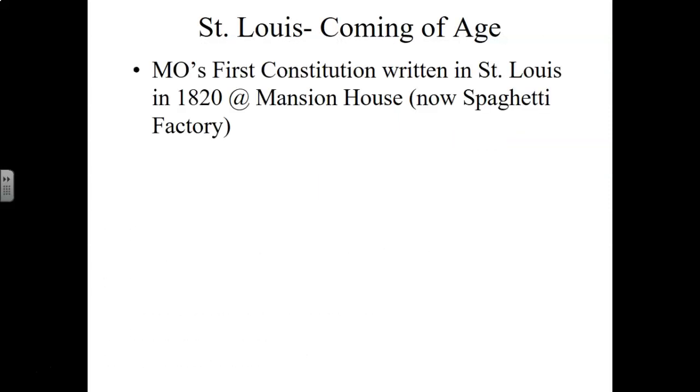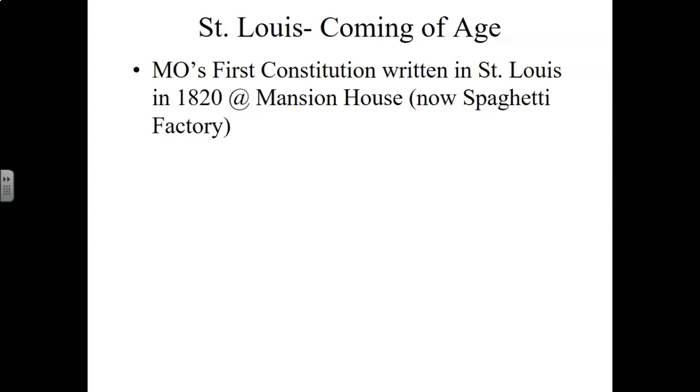As we talk about Missouri history, Missouri is going to become a state in 1821. They have to start writing their constitution before that, and they do that in St. Louis at a hotel called the Mansion House. Today, that building is in what is now known as Laclede's Landing, and that building is now the Spaghetti Factory.